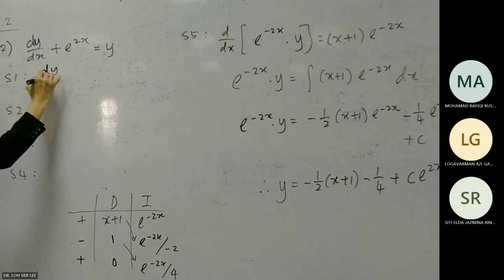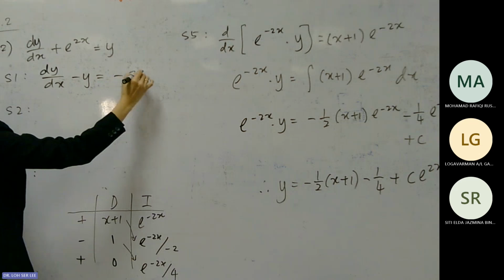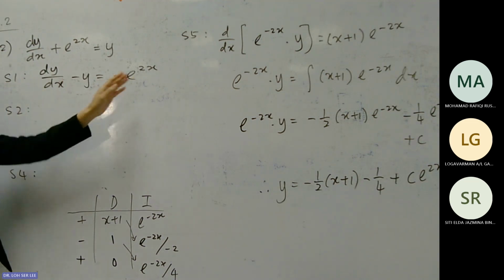So dy/dx minus y equals negative e^x. On the step 1 equation, the derivative and dependent variable must stay on the left. The one without the dependent variable, we move it to the right.